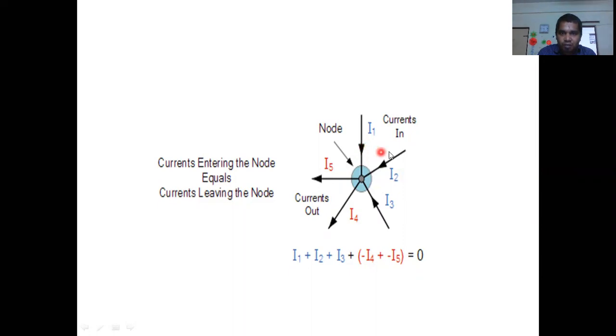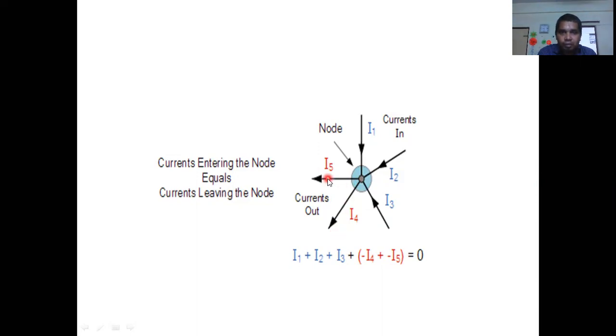So you can say current I1, current I2, current I3, current I4, current I5 join together at this node. Here you can see the current I1 is coming in, I2 is coming in, I3 is coming in, and I4, I5 are going out.